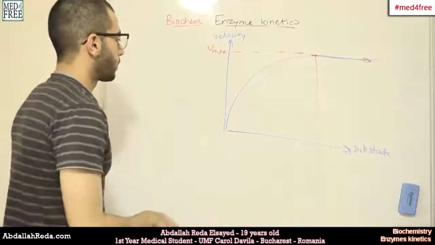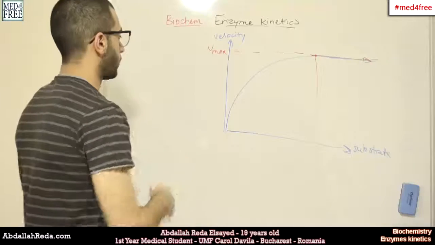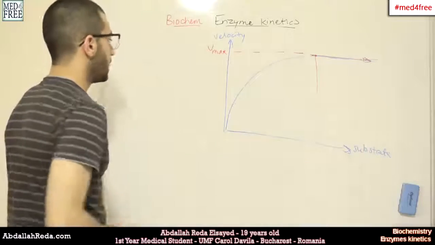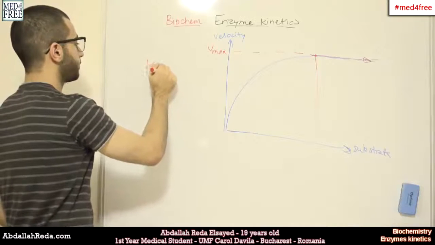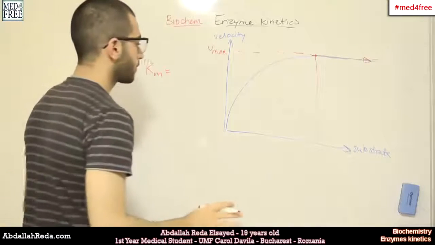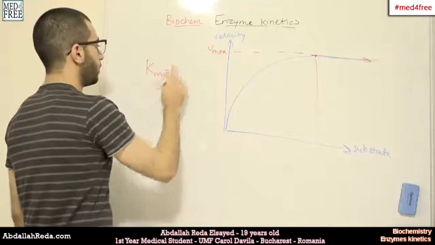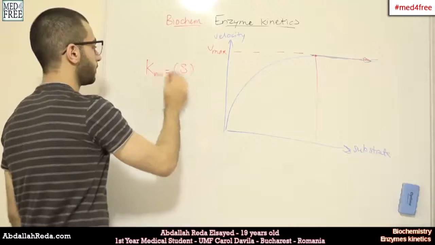There's a very important term that we need to know concerning this equation: the Km at some point can equal the substrate itself.